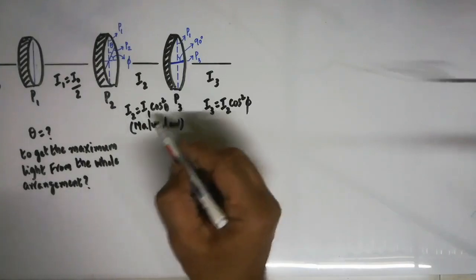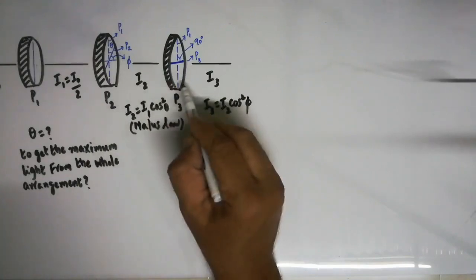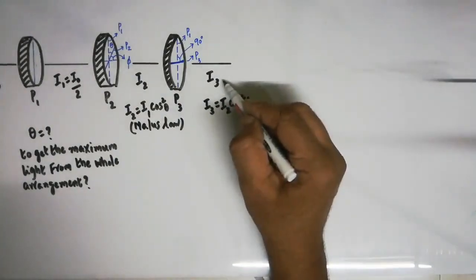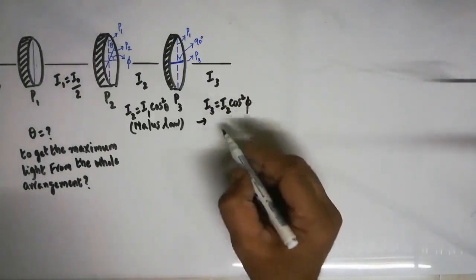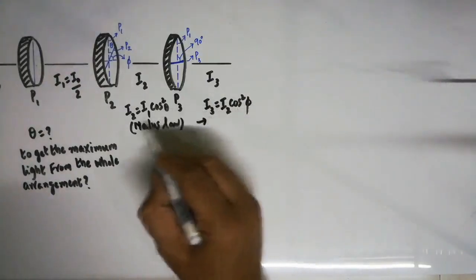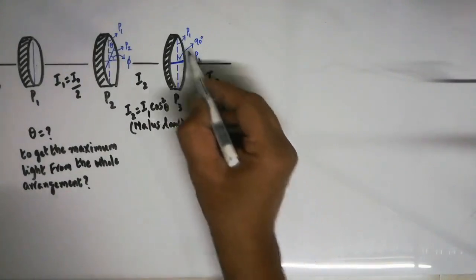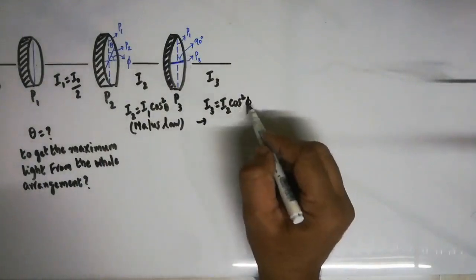Now the light of intensity I2 is allowed to pass through the third polaroid. The outcoming light has the intensity I3. I3 can also be calculated with the help of Malus law. So I3 is equal to I2 into cos square phi. Here phi is the angle of rotation of the third polaroid.